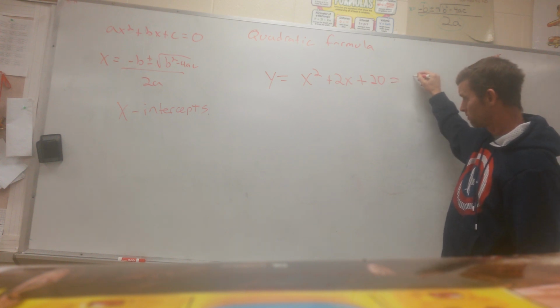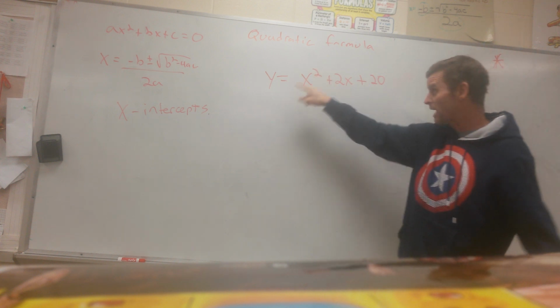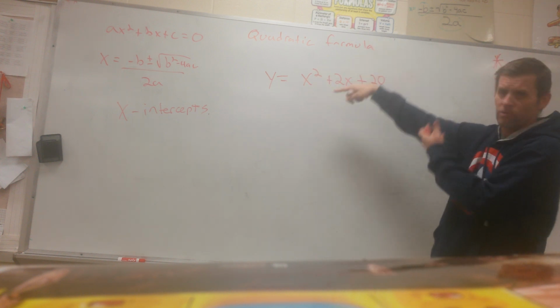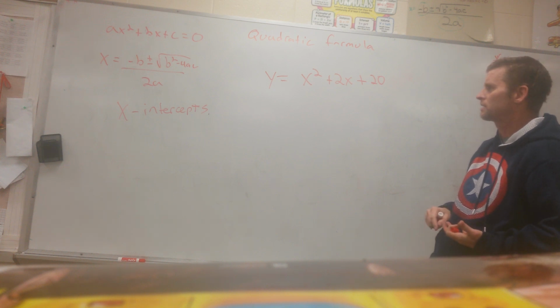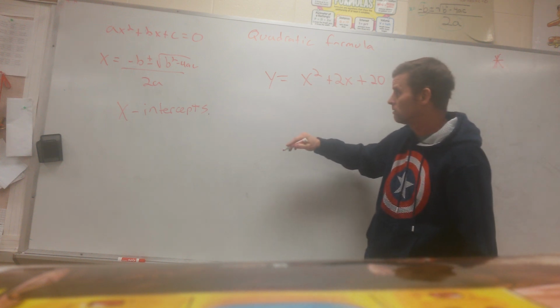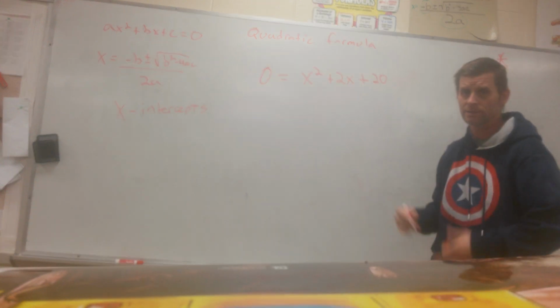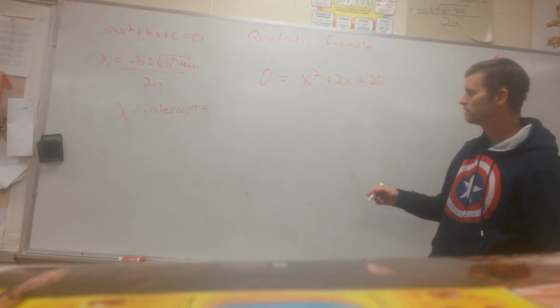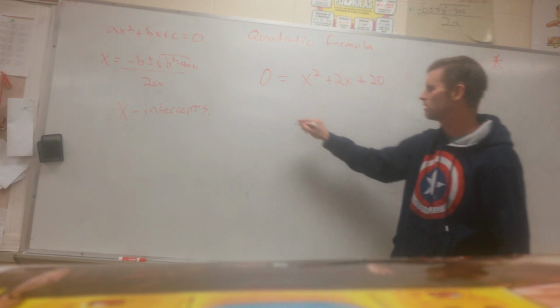Equals 0. Oops, did I say equals 0? Duh. Y equals this. It's got a graph, okay? But if someone says, what's the x-intercept? Well, it's the place where y is 0. So I just plug in 0. That's it. And I solve it. It's not going to factor, so I'm going to use my new quadratic formula.